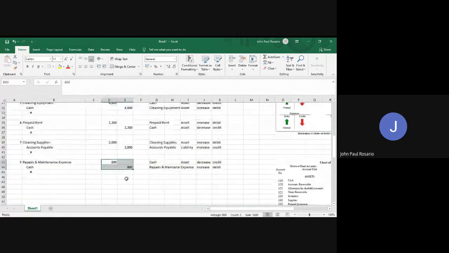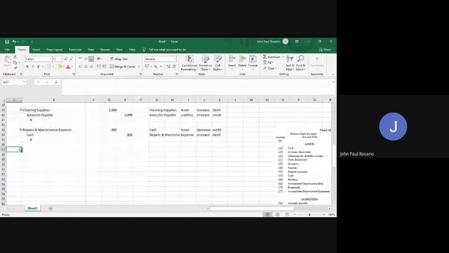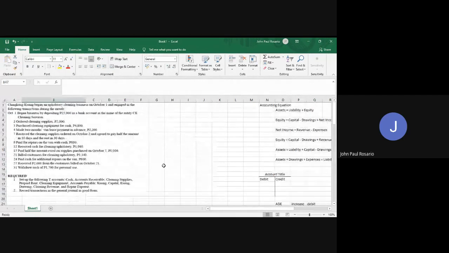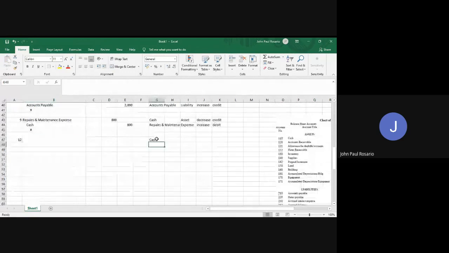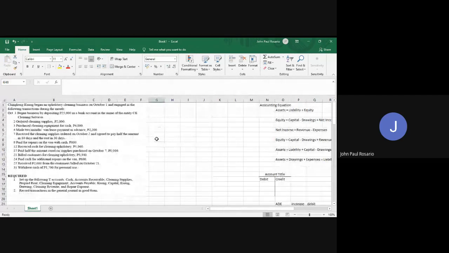Number 12. October 12. Received cash for cleaning upholstery. So received cash, meaning you have cash. What else is there? Cleaning upholstery, so you rendered a service, so cleaning service revenue.